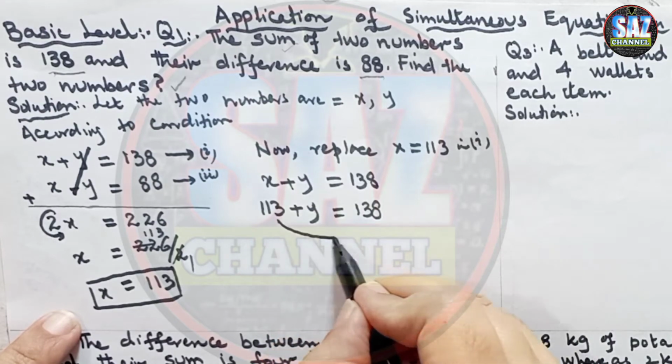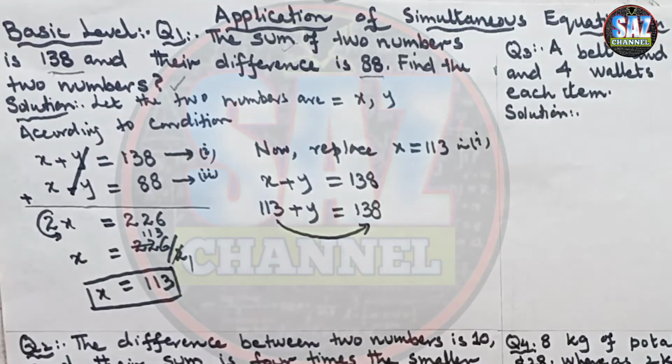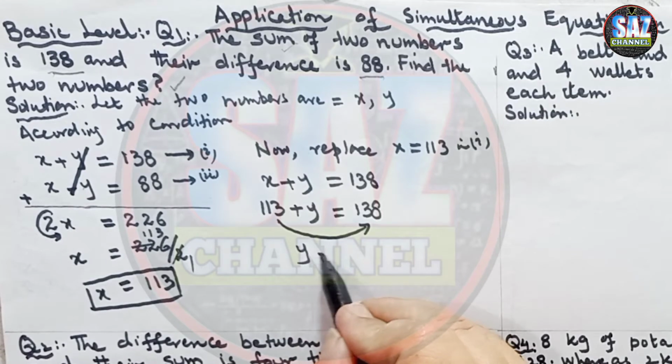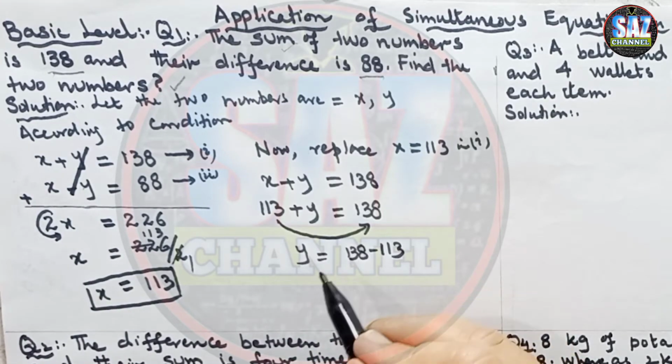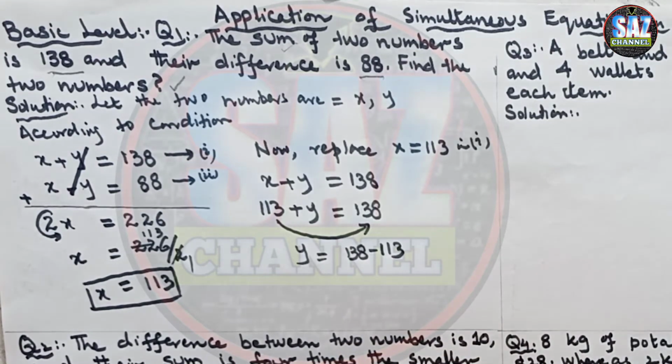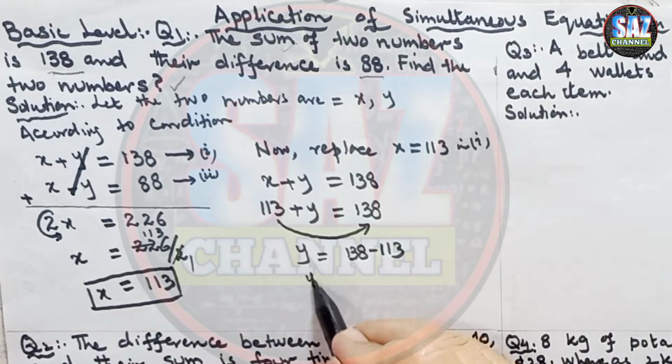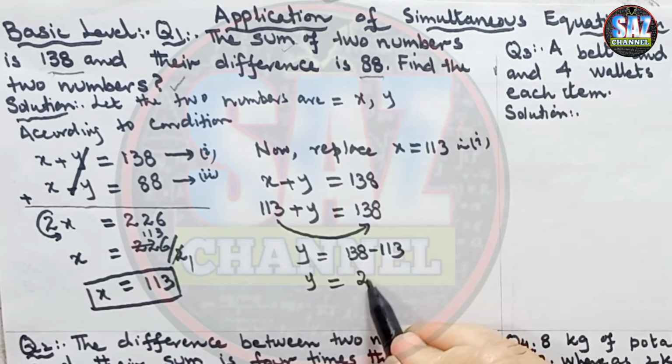Shift 113 to the other side, and the equation will take the form y equals 138 minus 113, and this will give me y equals 25.